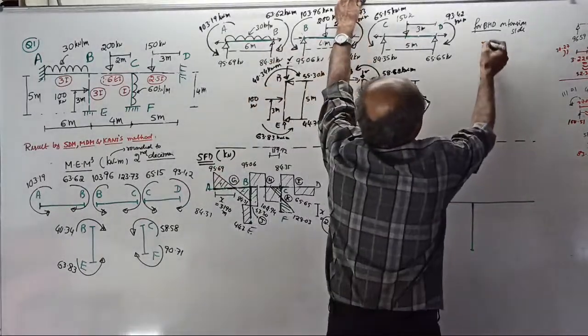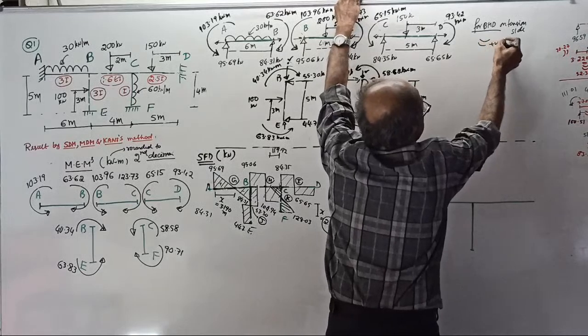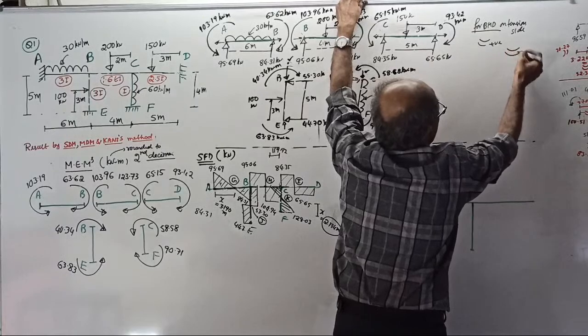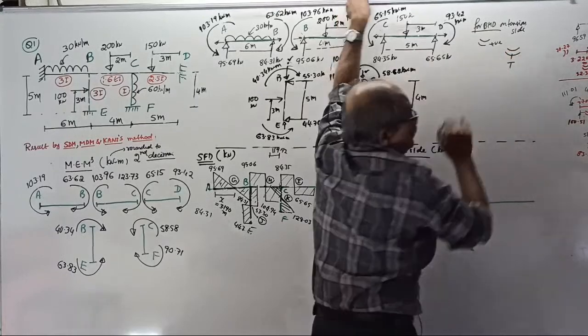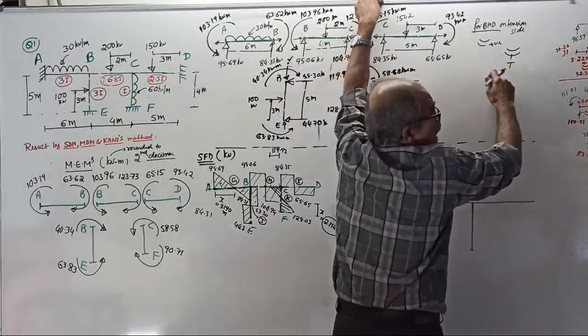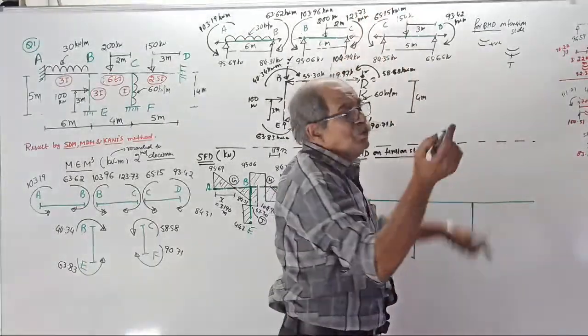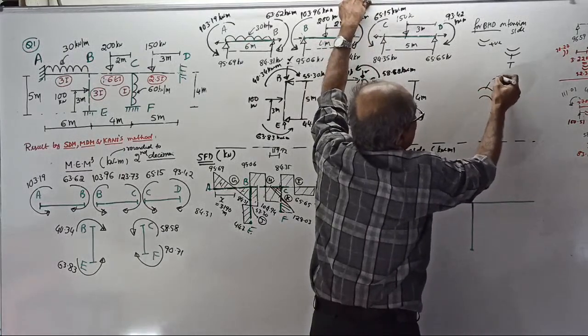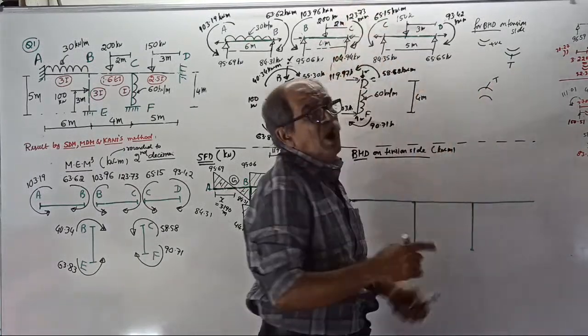You take sagging positive. Then, if it comes plus, that means BM is sagging, tension at the bottom, plot on the bottom side. Suppose when you take sagging positive, the value comes negative, that means bending moment is hogging. Tension will be at the top. Plot the value on the upper side.